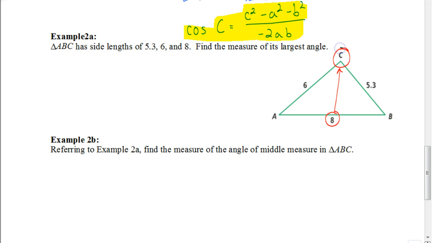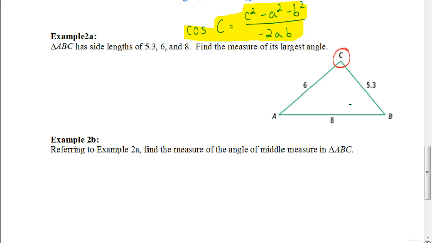So angle C is the angle that we're going to be looking for. Now, if instead they had asked for the smallest angle, you could probably guess that you would look at the smallest side, and the angle across from it would be the smallest angle. But they are asking for the biggest angle, so in this case, it's angle C.